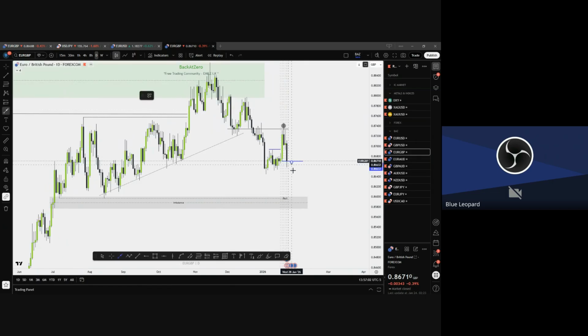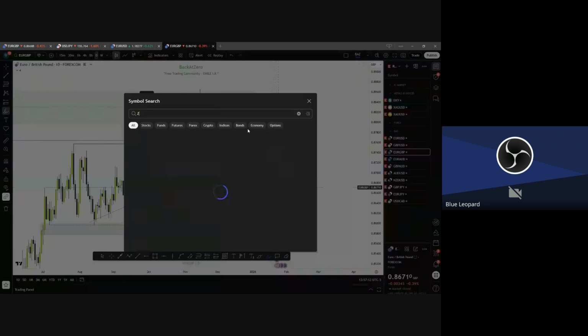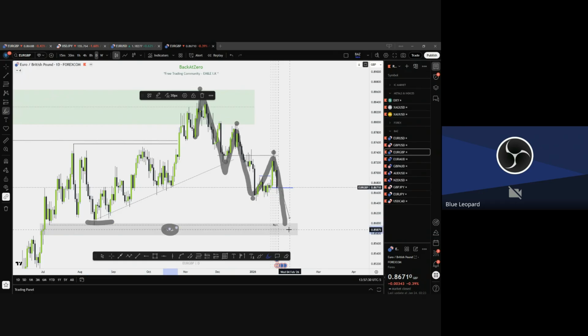I'm not going to buy Euro GBP. Why? The higher time frame is bearish. High, lower high, lower high. You see that? You have lower highs everywhere. Here, here, even this one that I marked, and lower lows. You are in a bearish trend. So if price is going down like this, I think it should finish first to take all this liquidity, reaching a reaction zone before we can see another bullish possibility.